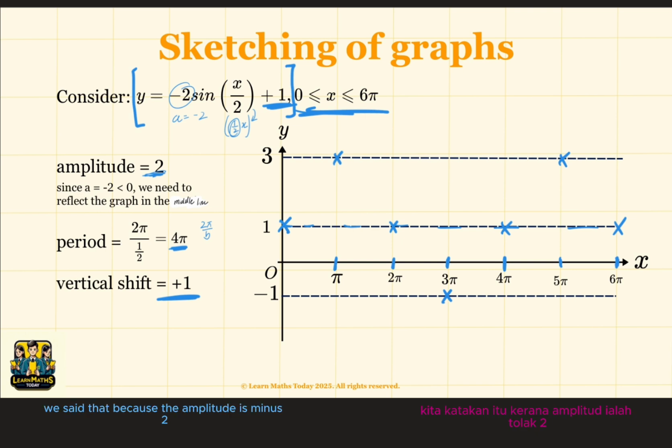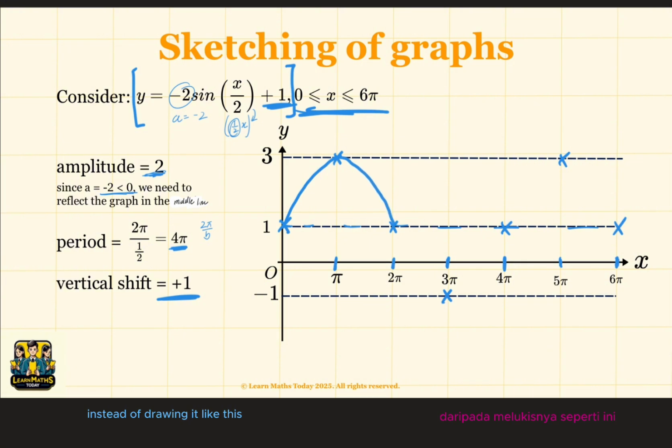Now, that is how you would expect the graph to look. But remember we said that because A is minus 2, which is less than 0, we need to reflect the graph in the middle line. So instead of drawing the graph like this, we need to reflect this graph in this middle line.